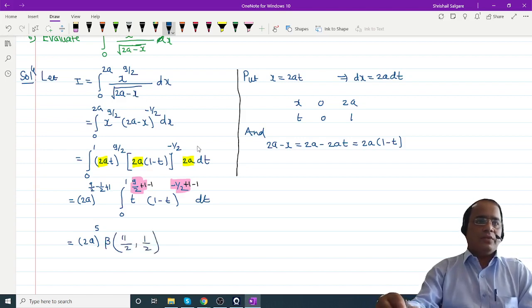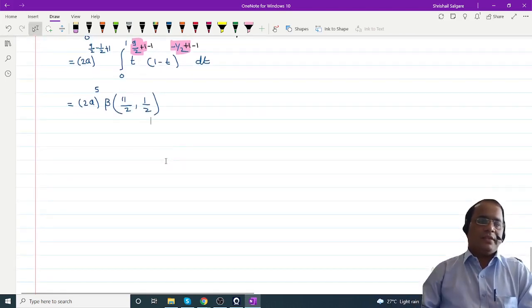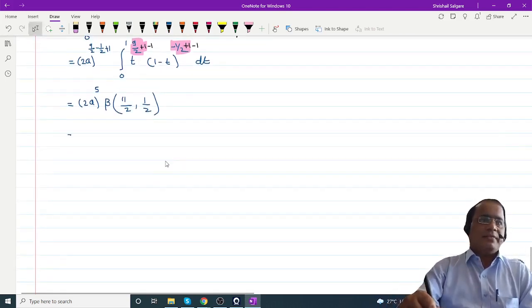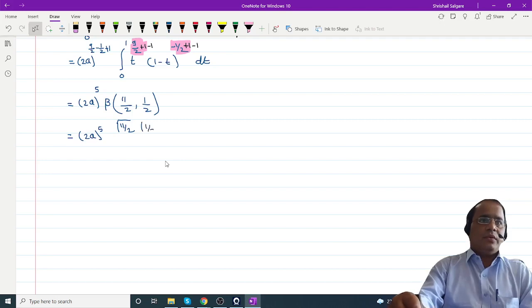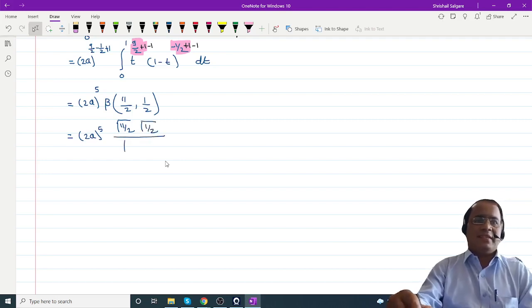So further you can simplify it as 2a raised to 5 gamma of 11 by 2 gamma of 1 by 2 divided by gamma of 6. Is it right? That is 2 raised to 5 into a raised to 5.